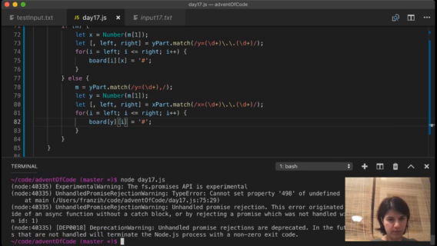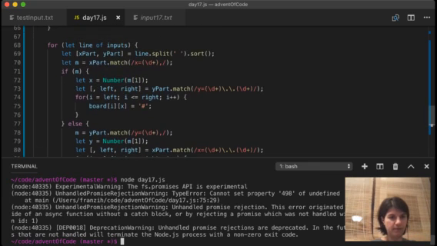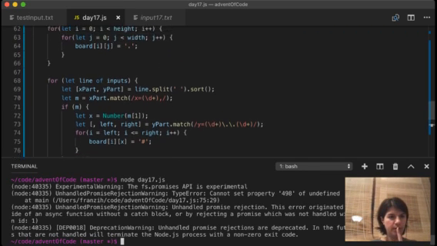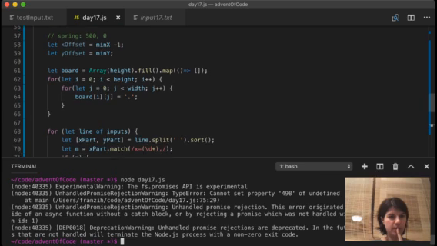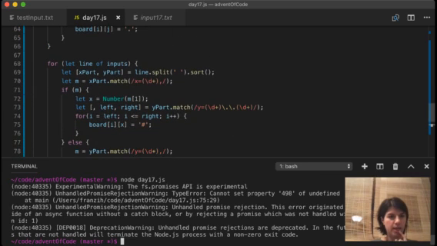So close. Cannot set property 498 of undefined in line 75. I'm setting. Oh, I forgot about my offsets. To do something with offsets. So I set all those. And now here I need to bring in these offsets. So I have an x number and a y number.